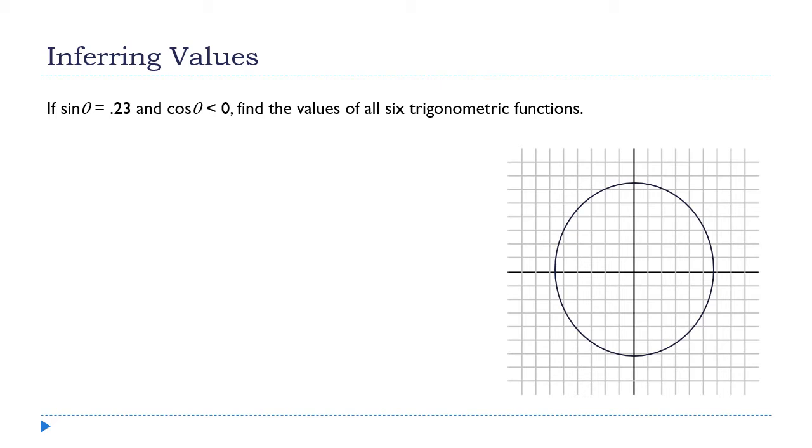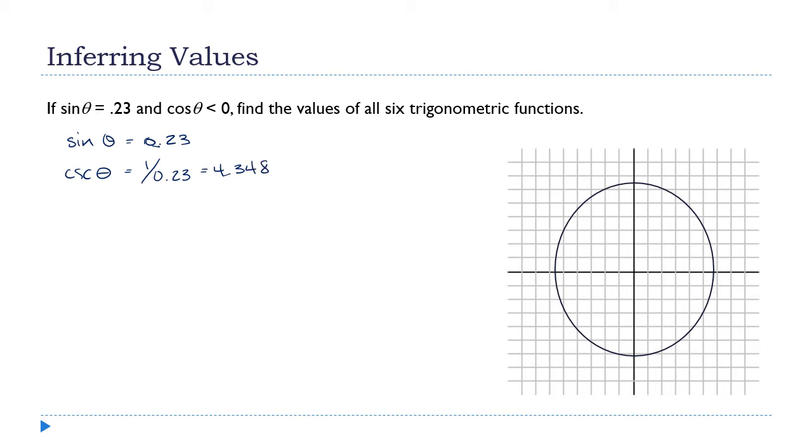Well, first, if the sine of theta is 0.23, then I get the cosecant almost for free. The cosecant is 1 over the sine, so it's 1 over 0.23, which is 4.348. Okay, that's the easy one.